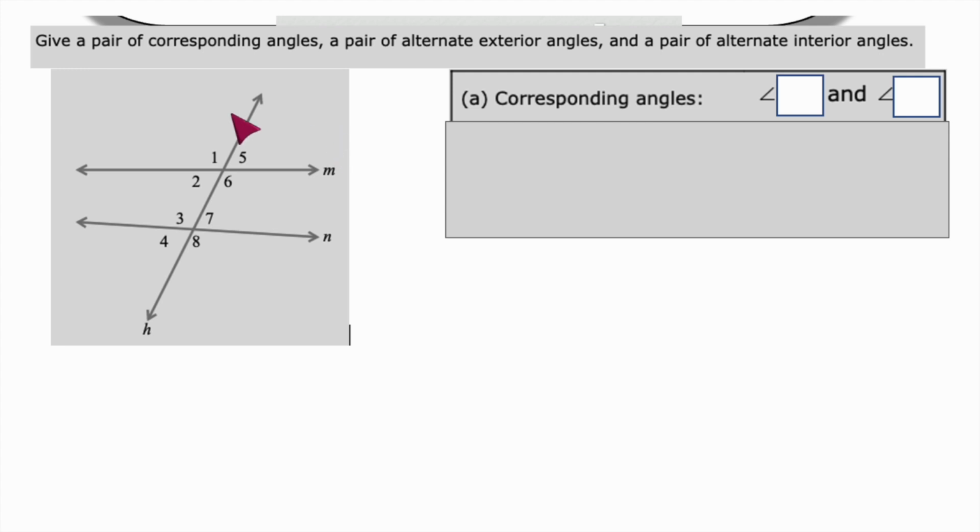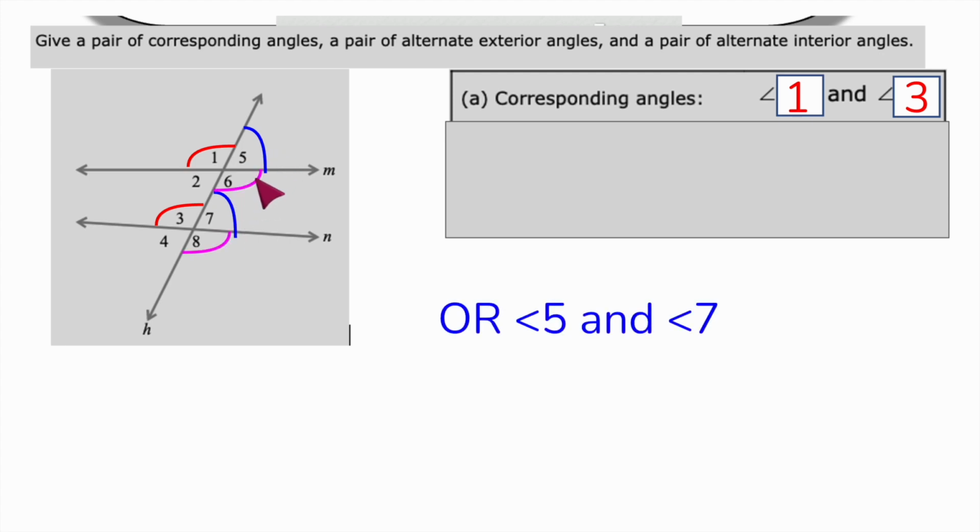Okay, so we're going to go through and name. Now keep in mind there are a lot of different angles I could choose from. So for corresponding angles, remember that's the same relative position. So I could look at 1 and 3 because I'm on top of the parallel lines and I'm to the right of the transversal. Or I could look at 5 and 7 because now I'm just to the right of the transversal, but I'm still on top of the lines.